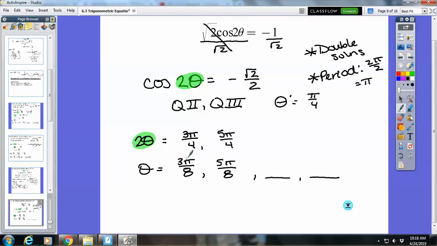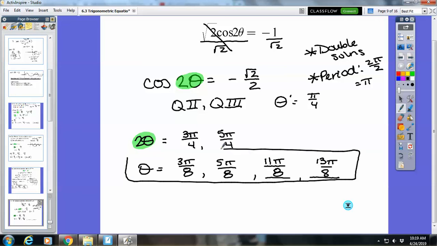So if 3 pi over 8 is an answer, add pi to that, and you get... okay, to get the second answer, we have to add our period to my 5 pi over 8. So 5 pi over 8 plus pi. If you added pi to each of those one more time, it would be bigger than 2 pi. So we know we've done too much.